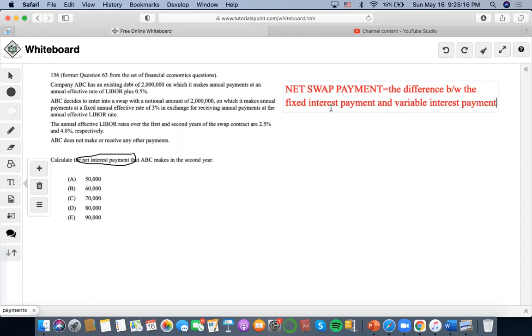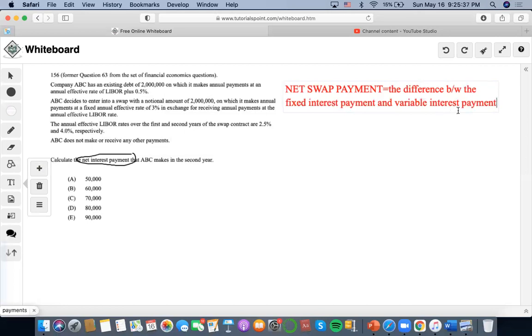The fixed interest payment would most likely be determined by a notional amount given, multiplied by the fixed rate, also known as R, or the swap rate. And the variable interest payment would be determined by the notional amount multiplied by a floating rate or a LIBOR rate.